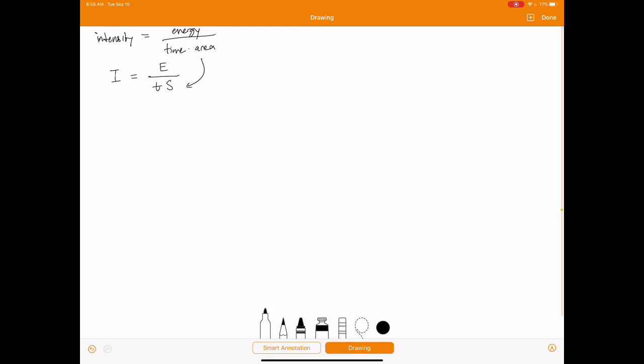Now, when a wave passes through, it causes the particles in our medium to oscillate. So particles in the medium will oscillate.